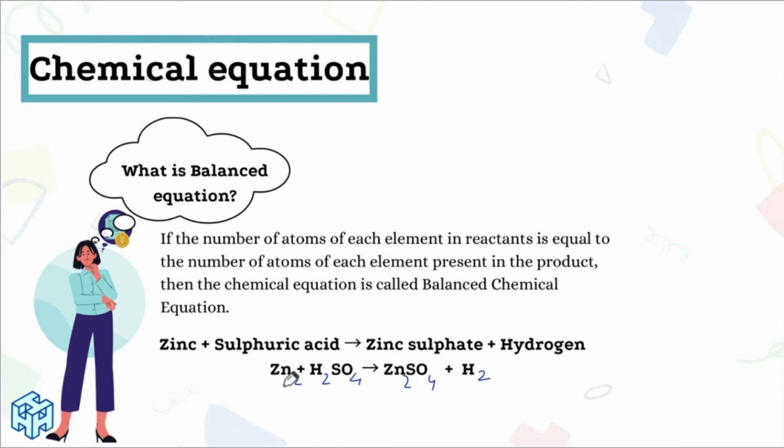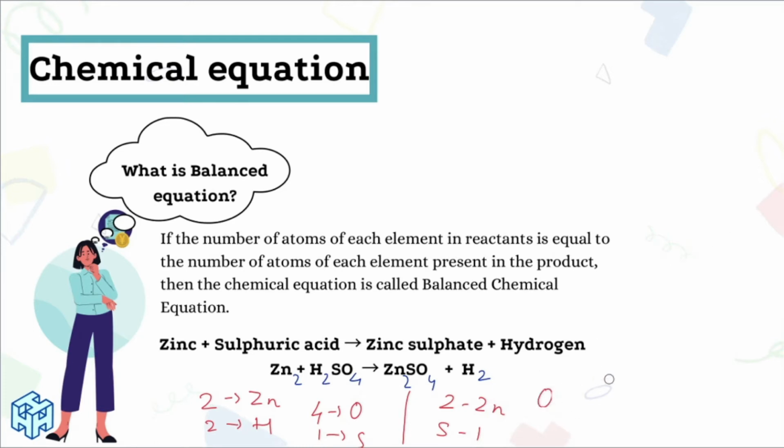Here let us understand now for zinc. How many atoms for zinc, sir? 2 zinc atoms, 2 hydrogen atoms, and 4 oxygen, 1 sulfur. Sir, here 2 zinc, 1 hydrogen, sulfur, sorry, then 4 oxygens.